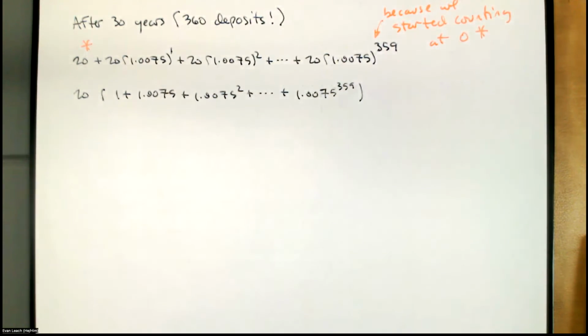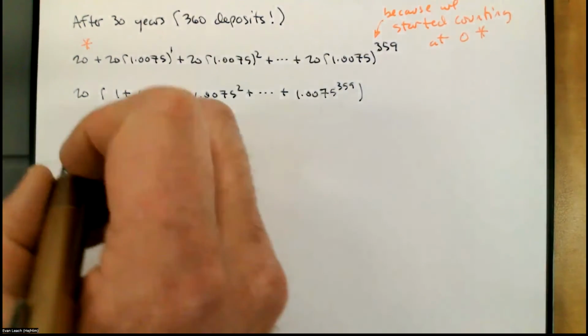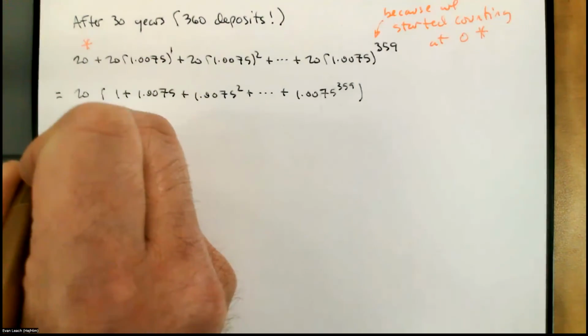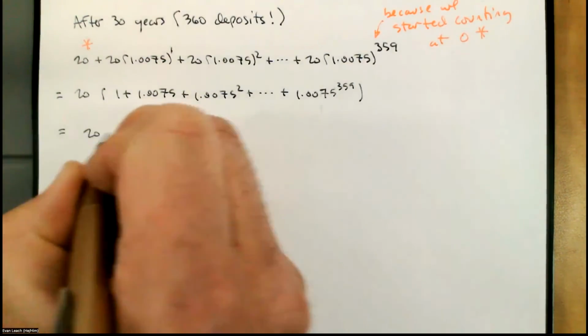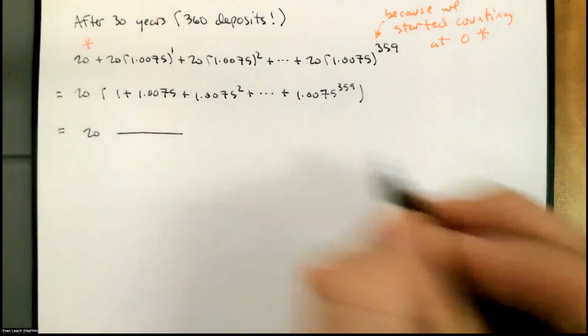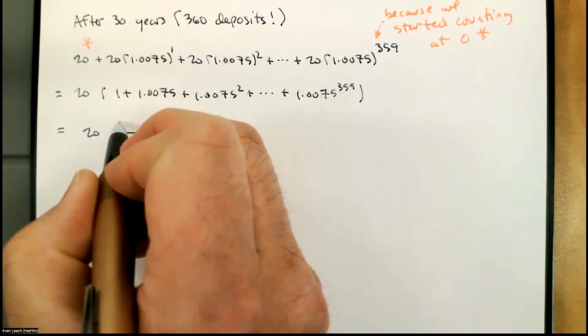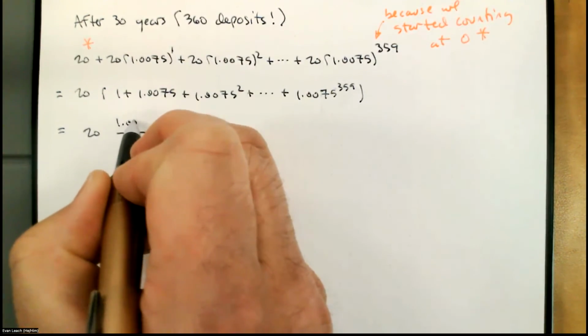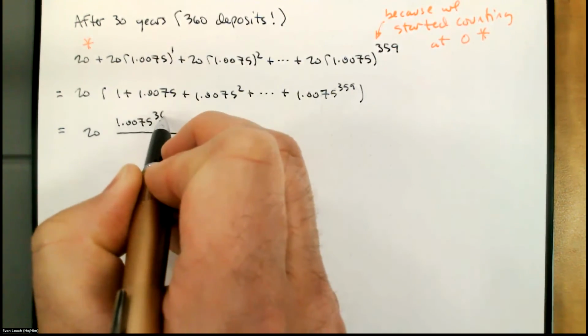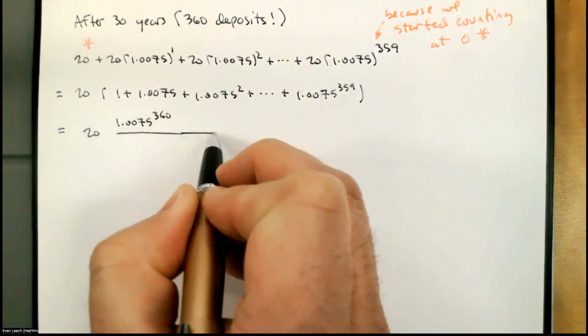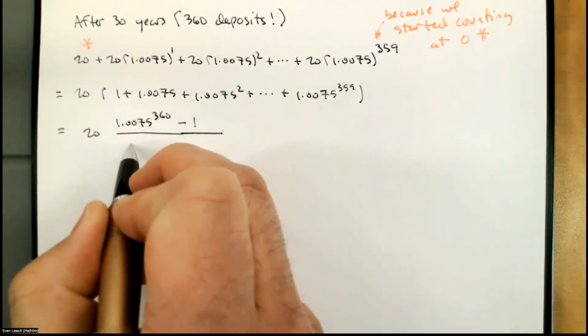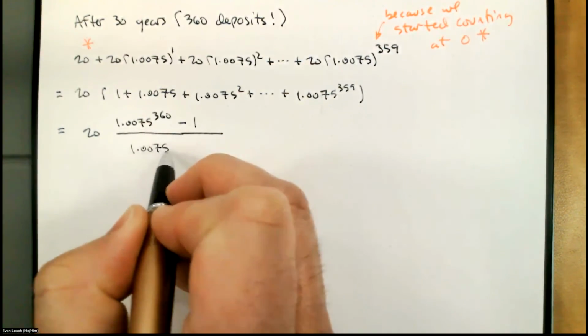We don't want to punch in 360 terms, so we'll use a little bit of algebra. And we can write this as 1.0075 to the 360 minus 1, over 1.0075 minus 1.